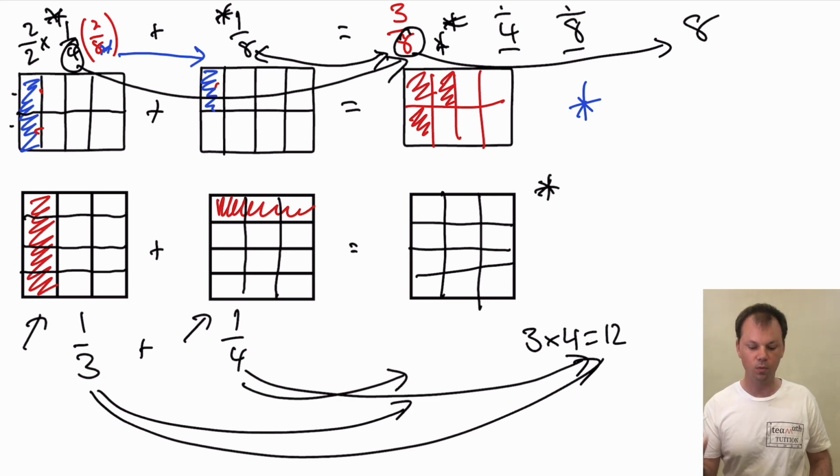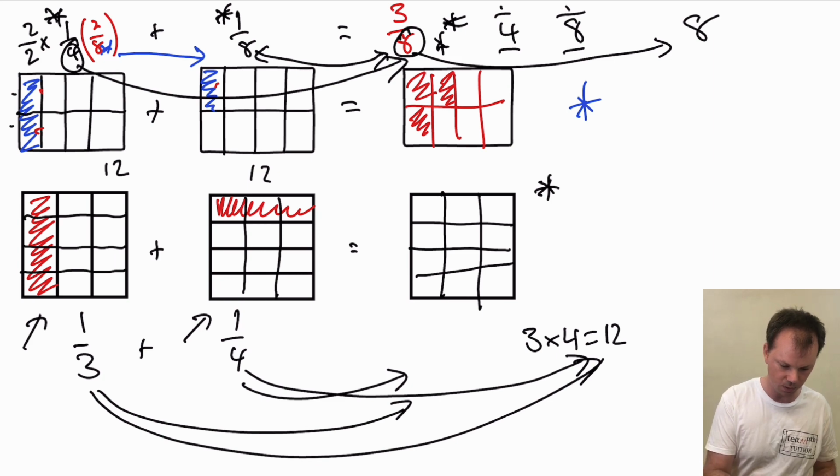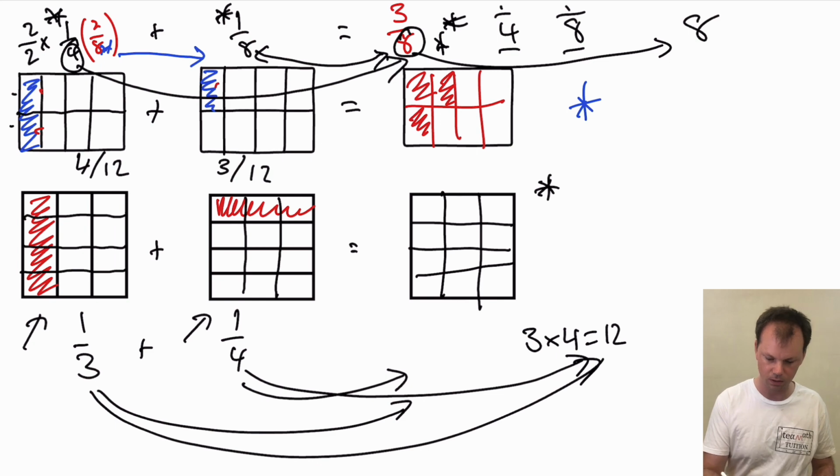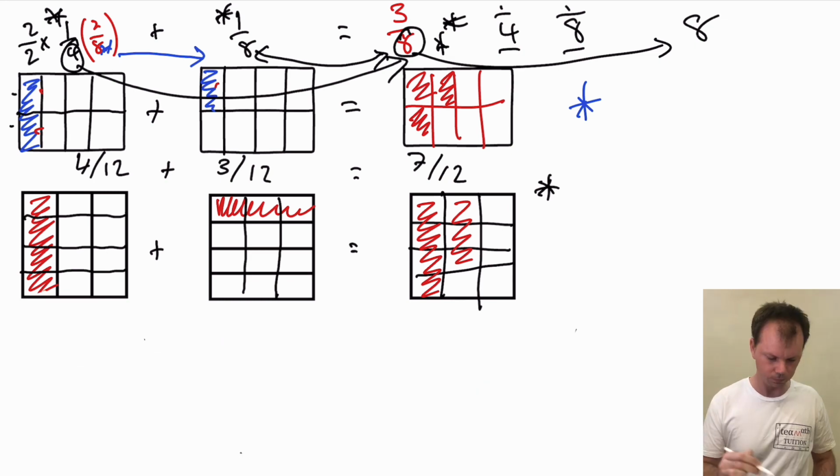Okay, so then we can do our addition really easily. We've got 12 parts here, we've got 12 parts here. You can see this one is 4 on 12. This one is 3 on 12. So if we add them together, we should get 7 on 12. We can color those in. And we get 7 on 12.